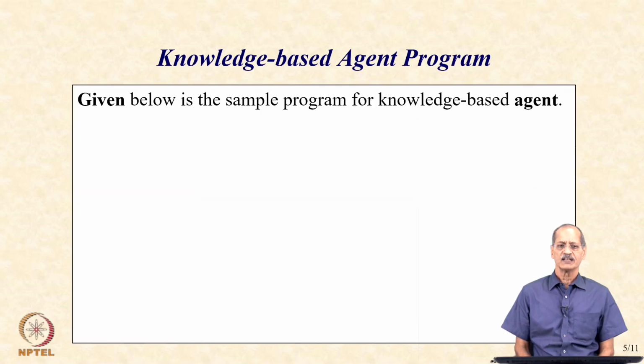So, let us look at a sample program for a knowledge based agent, how it would look, and we will also try and see whether it follows the basic format of the programs for other kinds of agents that we have seen so far.